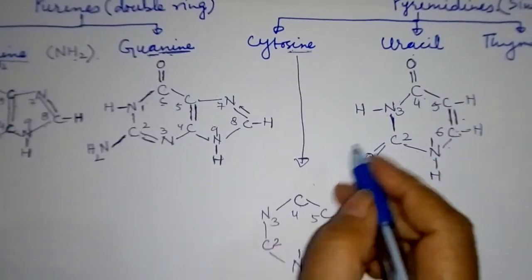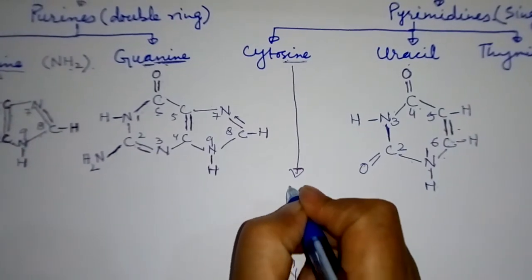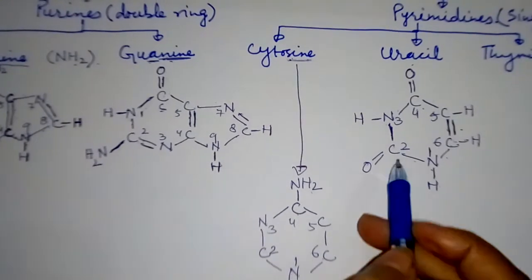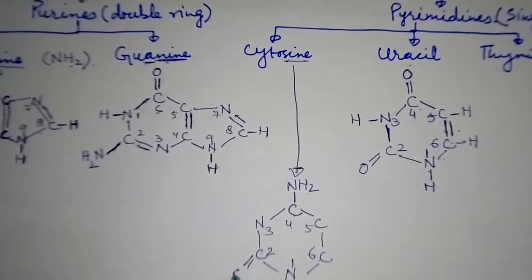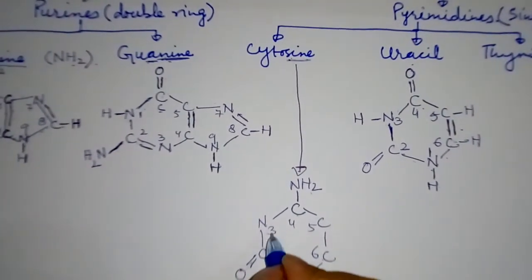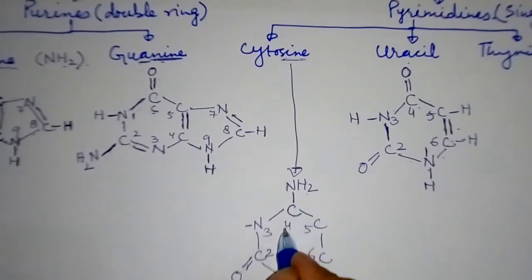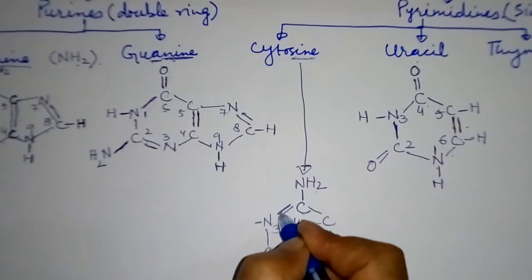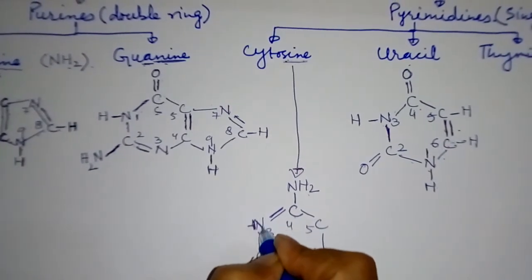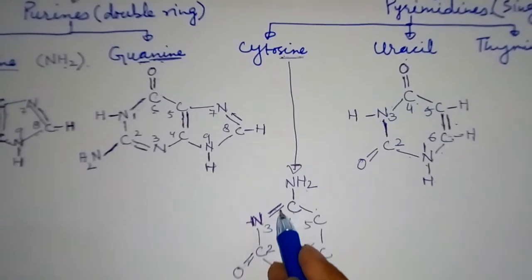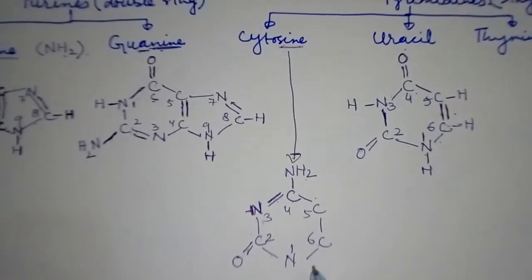Next I will write the amino group with carbon number 4 and the same oxygen with carbon number 2. Now 1, 2, 3, and its valency is satisfied, so I will make a double bond with what? With nitrogen. 1, 2, 3 and 4, 1, 2 and 3, 1, 2, 3 and 4.